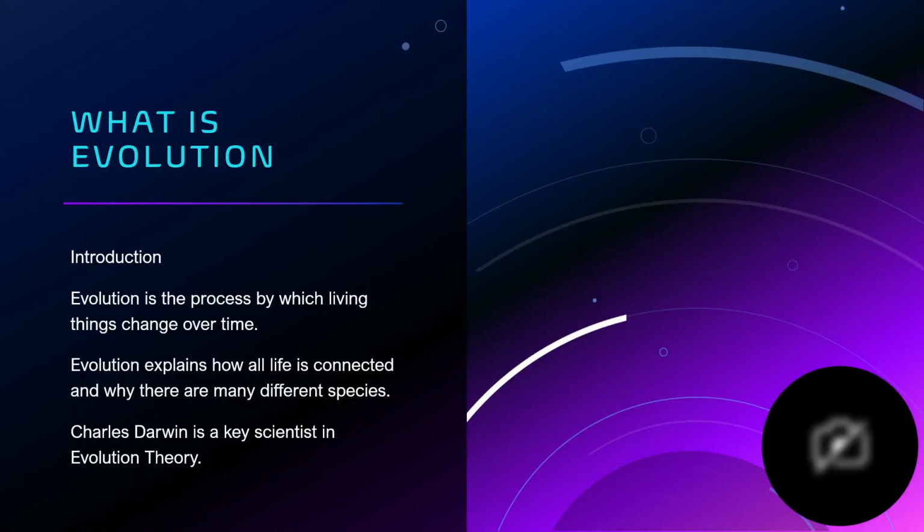What are we expected to learn in this unit? We are expected to have an introduction about evolution, the process by which living things change over time. Evolution explains how all life is connected and why there are many different species. Charles Darwin is the key scientist in this, but we will learn about more scientists who are involved in connecting all the evolution together.